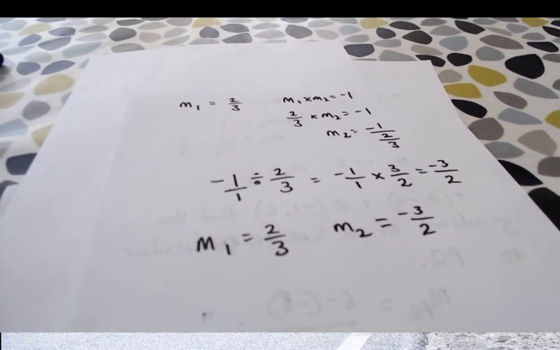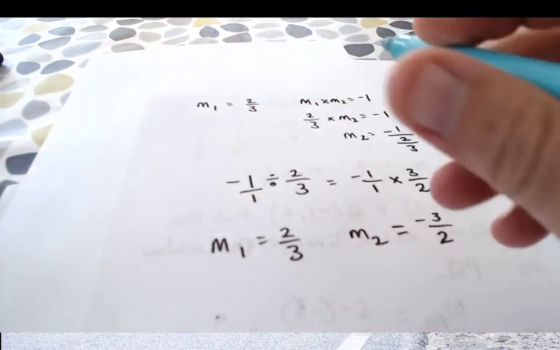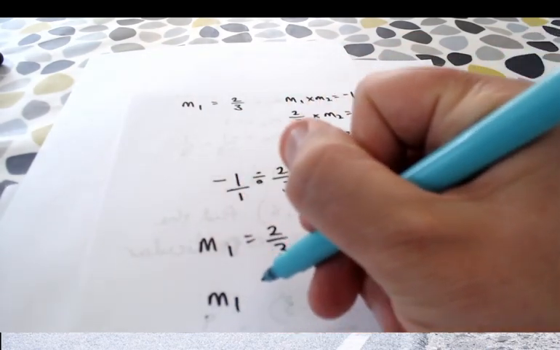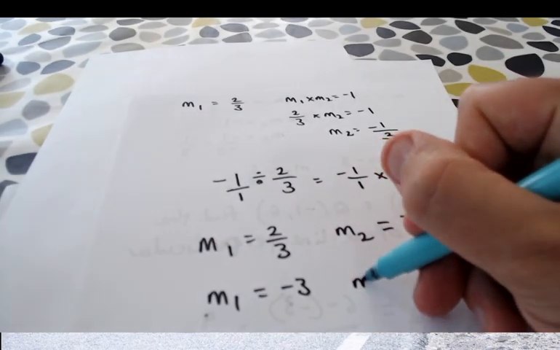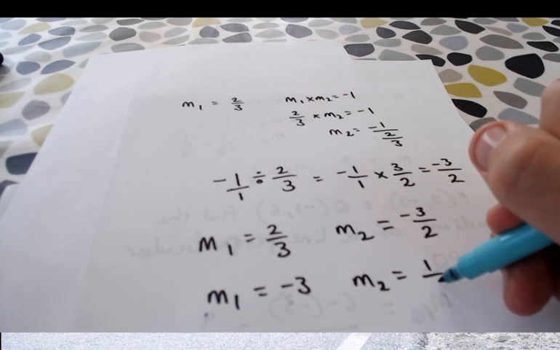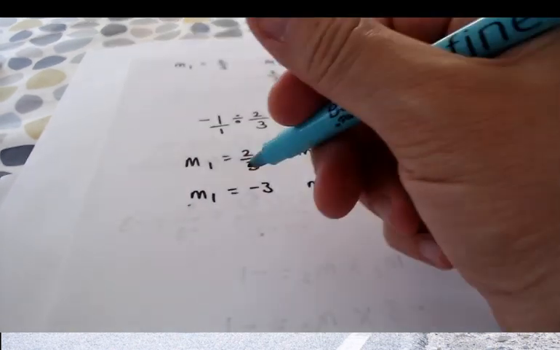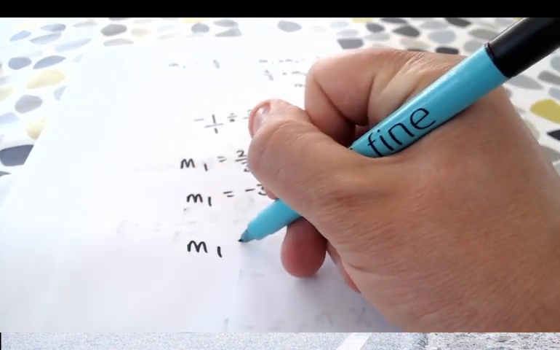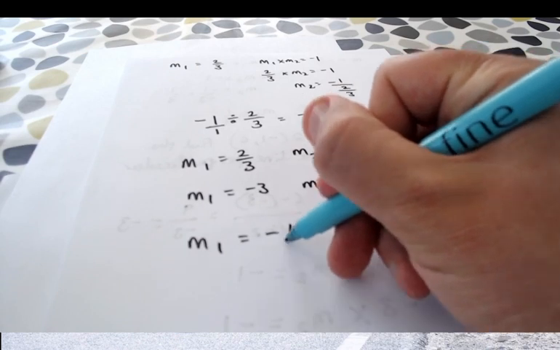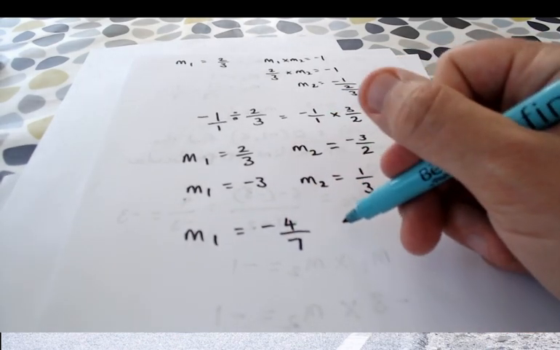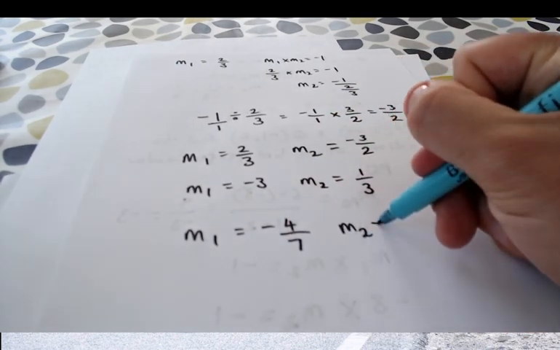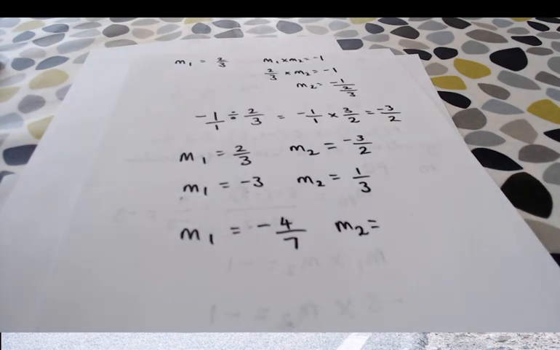Can you spot a relationship? Can you spot a fast way of doing it? The other example we had was if we had a gradient of minus 3, then the perpendicular gradient was 1/3. Can you spot a fast way of doing it? If we have a gradient of minus 4 over 7, the perpendicular gradient will be, anybody?